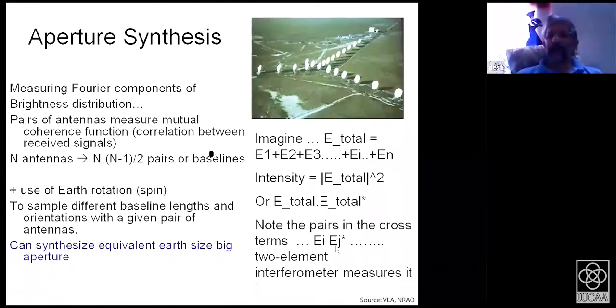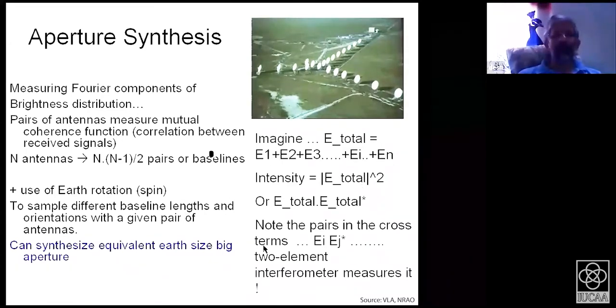Now, as you will see, the origin of the pairwise measurement simply comes from the fact that what we have access to, what we collect, is the electric field, and the intensity happens to be simply the square of the electric field.